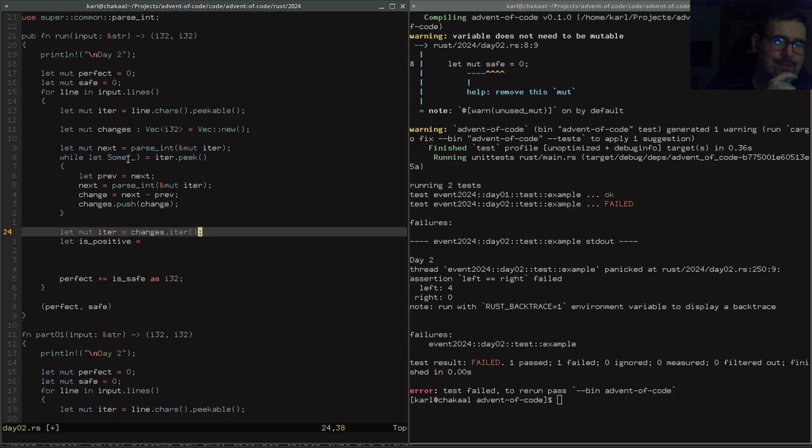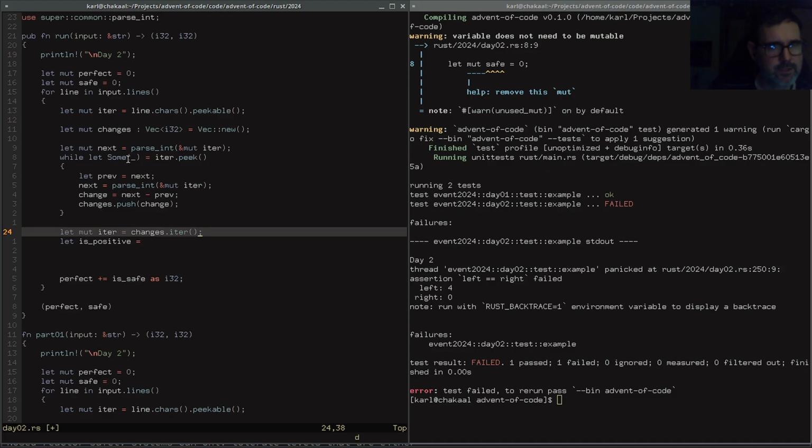But I guess what I want to do is pick off the first change because I need to get an opinion about whether the change should be increasing or decreasing. And then start checking the magnitudes of the changes.